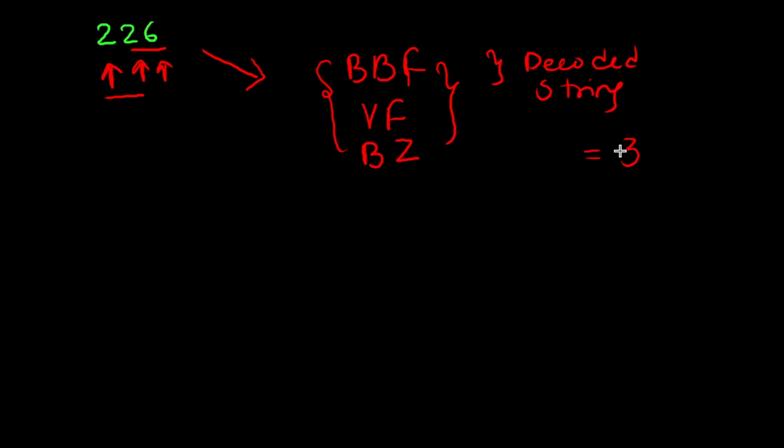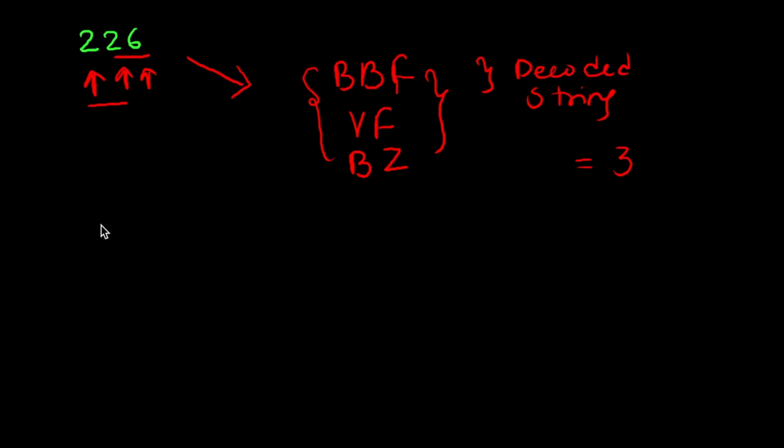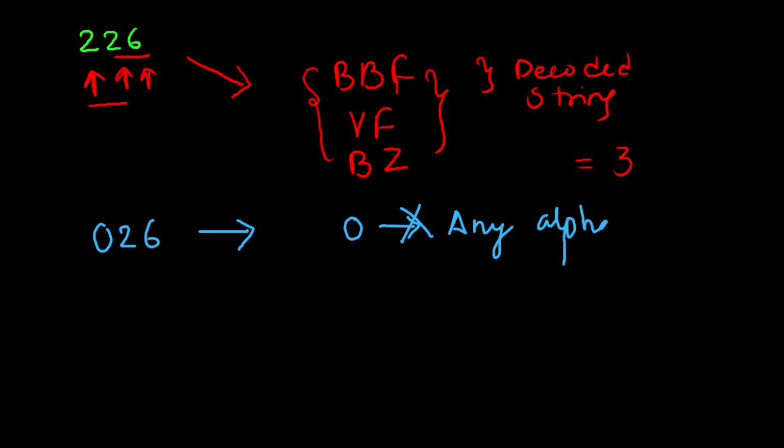Okay. Now before jumping to the solution, let's first understand 2-3 boundary cases. There might be 0 present in our string. So let's say 026 is the given string. Now in this string, 0 does not correspond to any alphabet, right?